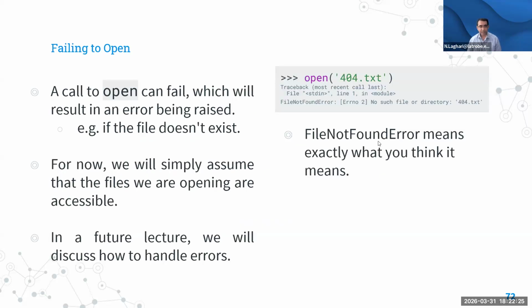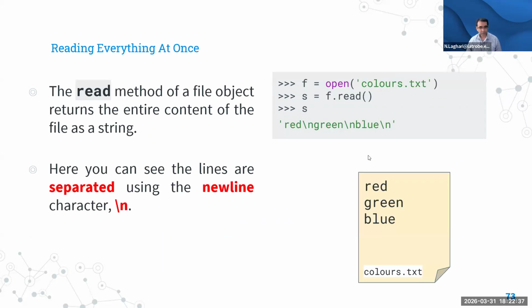If we try opening a file which is not there, for instance 404.txt, a file not found error would be raised. We'll see in the next lecture, when we do error handling and try except methods, how we can handle such errors.